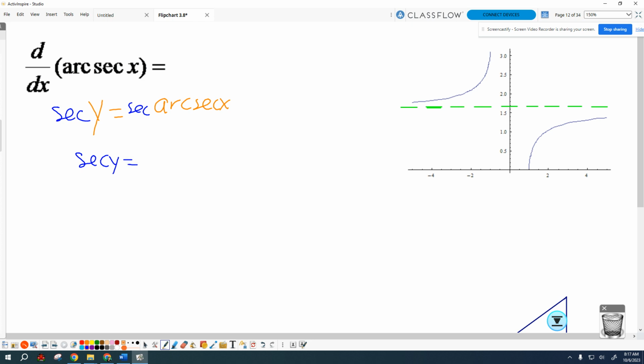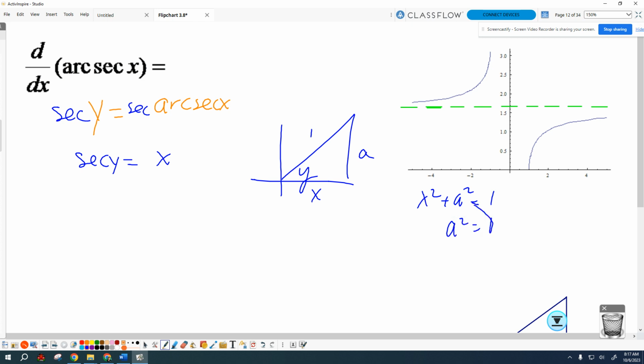So secant y equals x. Secant is adjacent over opposite. Derivative of secant is secant tangent.